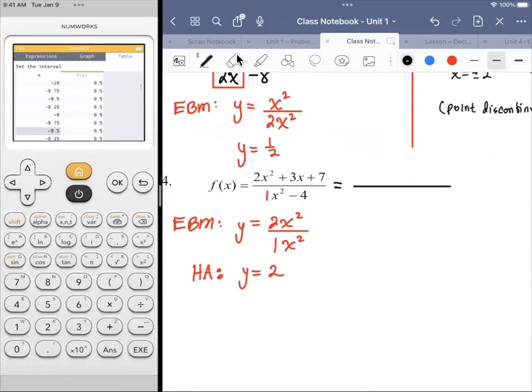The bottom definitely is factorable. The top, when we have a quadratic with a leading coefficient that's other than 1, or in this case, a polynomial, because it's not its own standalone equation, I prefer to use the trial and error approach.